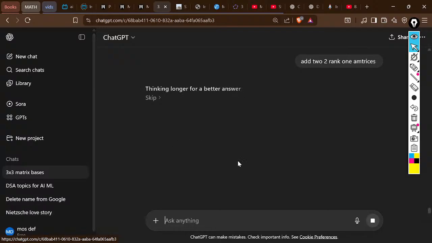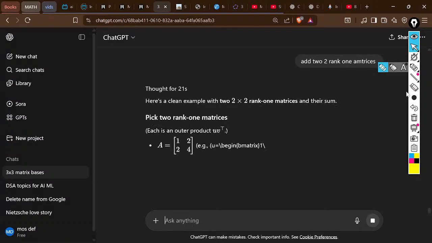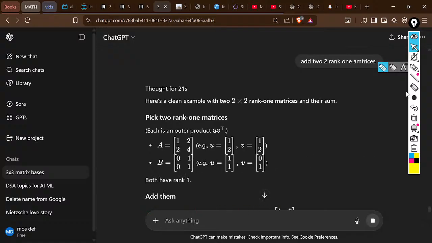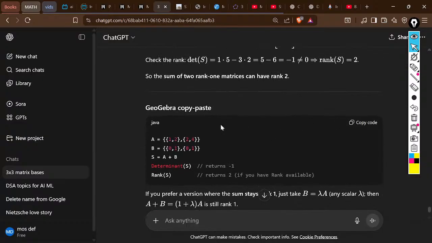Doesn't make sense. Like, why will it? If it's all 0 in the bottom, why will it increase? Makes no sense. Here's a clean 2x2 rank 1 matrices with a sum. It's not rank 1. What the fuck? Both have rank 1? No, it doesn't have rank 1.